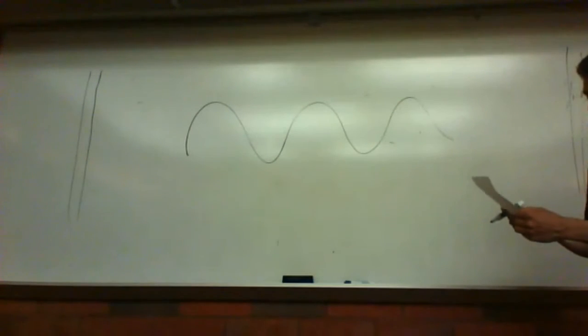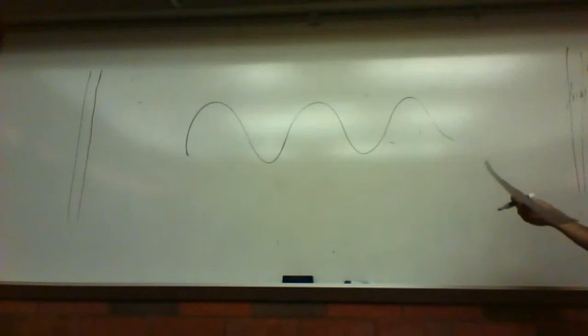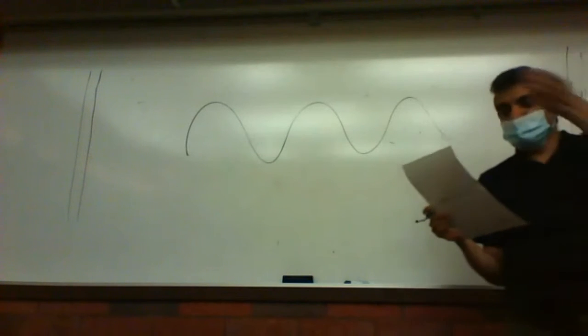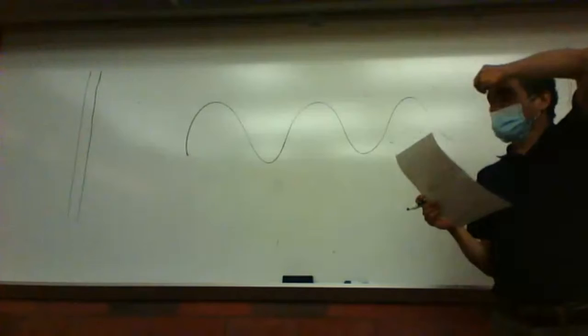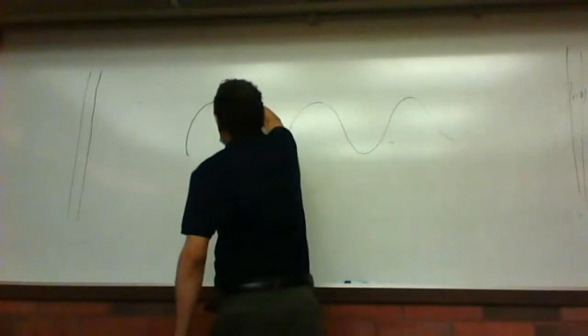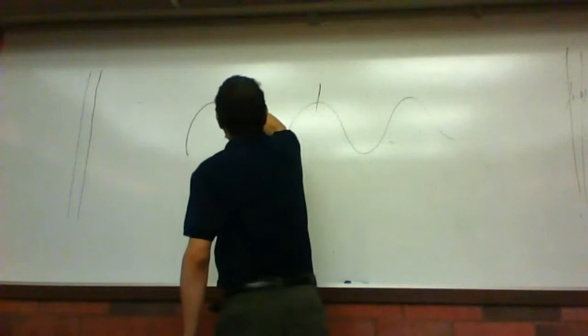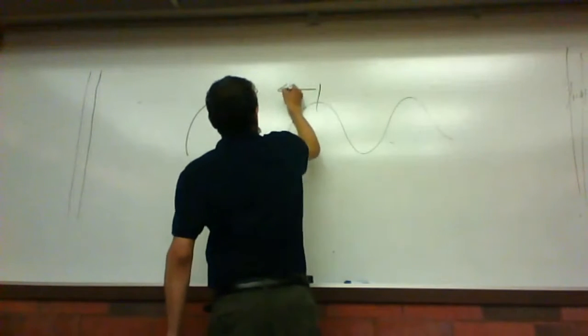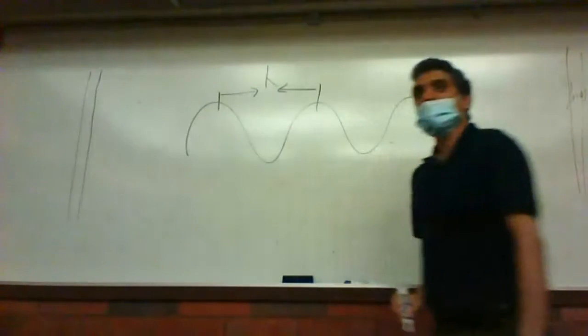Now we need some of the properties of these waves to identify them. The distance between this peak and this peak is called wavelength, given by lambda.